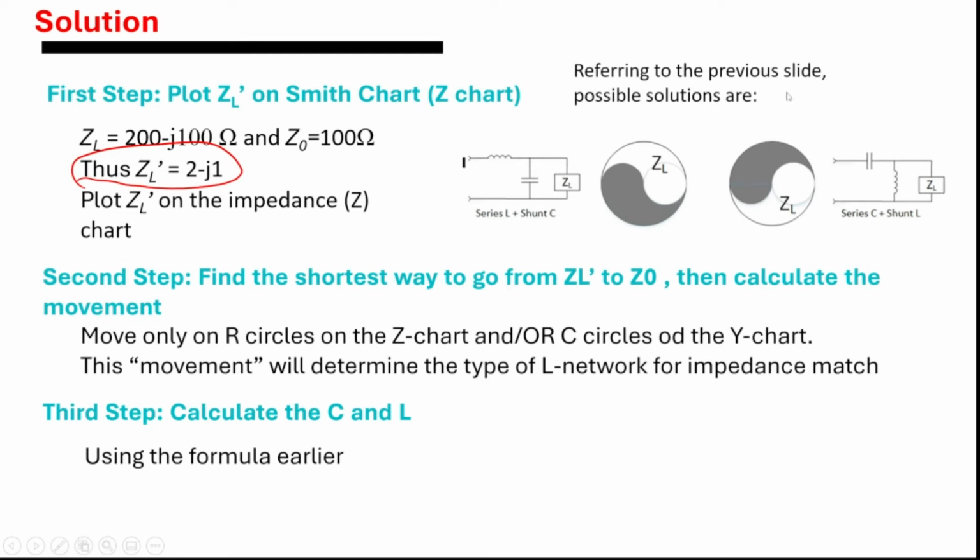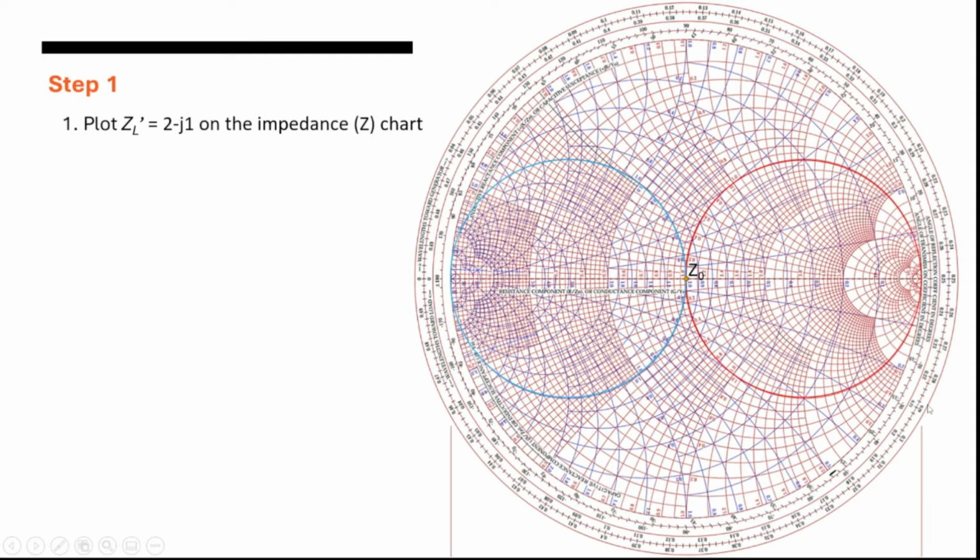If you refer to the previous slide, the two possible solutions are available. Either we use the circuit on the left here, or the circuit on the right here. So let's move on to the next slide.